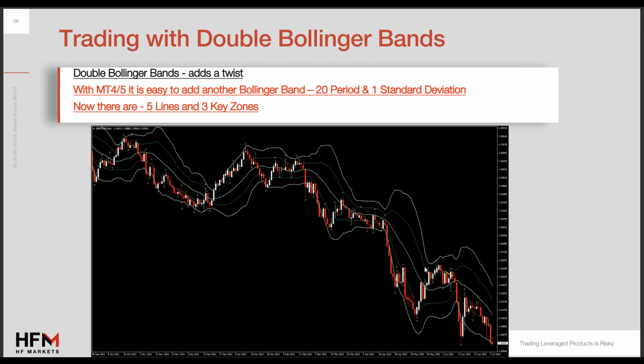Double Bollingers. Remember that, as we already covered for 29 minutes now, the bands, the upper line and the lower line, are the ones that should be of interest to us.